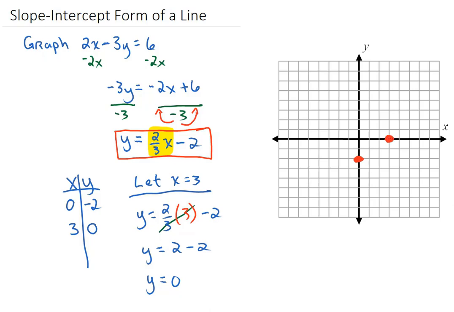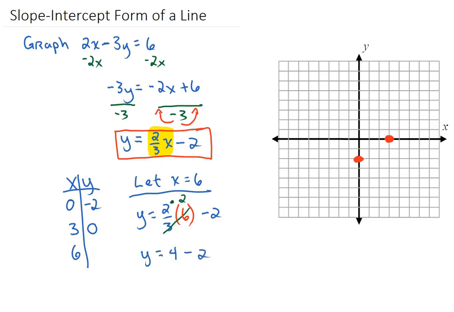Now we're going to do one more of those that cancel with the denominator. The next number that would cancel with the denominator, if we continue in the positive direction, would be a 6, because 6 reduces with 3 evenly. So we'll plug that in for an x value. The 6 and the 3 reduce to a 2, and I'll multiply these two 2's together, and that gives me a 4.